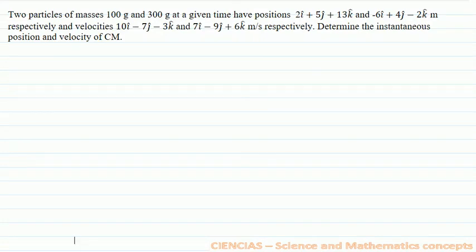Hello students, here we are solving a question based on the topic of center of mass and rotational motion. The question is: two particles of masses 100 gram and 300 gram at a given time have positions 2i cap plus 5j cap plus 13k cap and minus 6i cap plus 4j cap minus 2k cap meter respectively, and velocities 10i cap minus 7j cap minus 3k cap and 7i cap minus 9j cap plus 6k cap meter per second respectively.